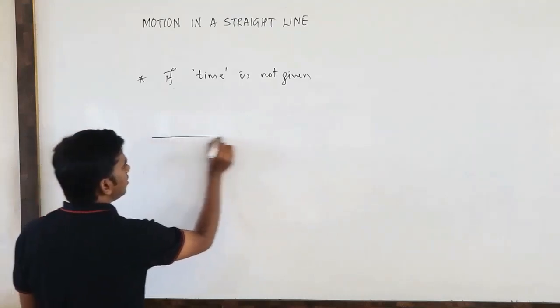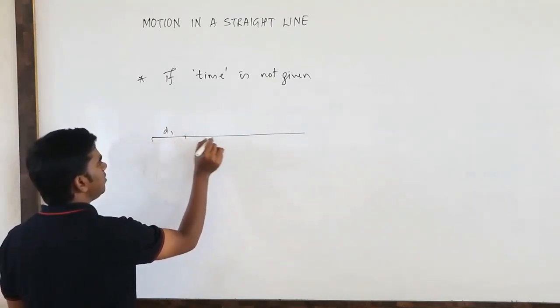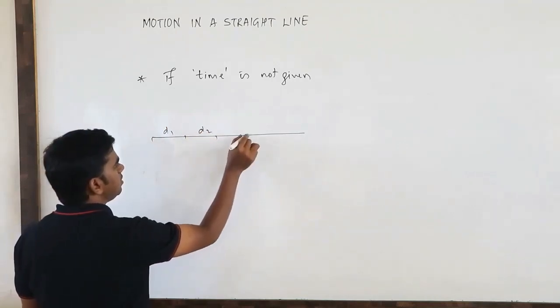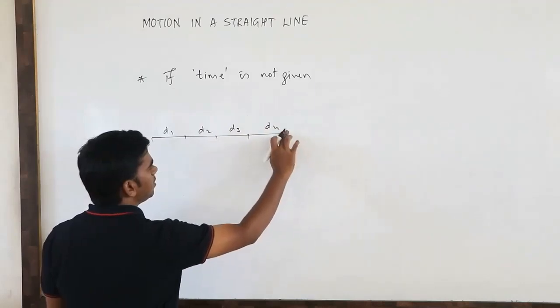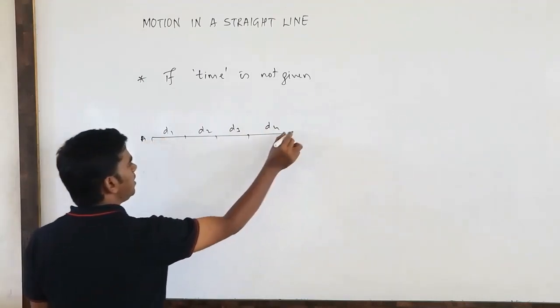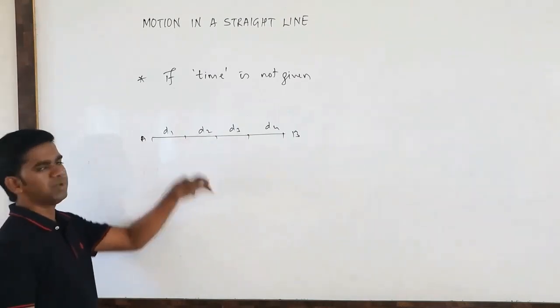Suppose an object goes from A to B. Say this is distance d1, d2, d3, d4. These are the distances traveled.